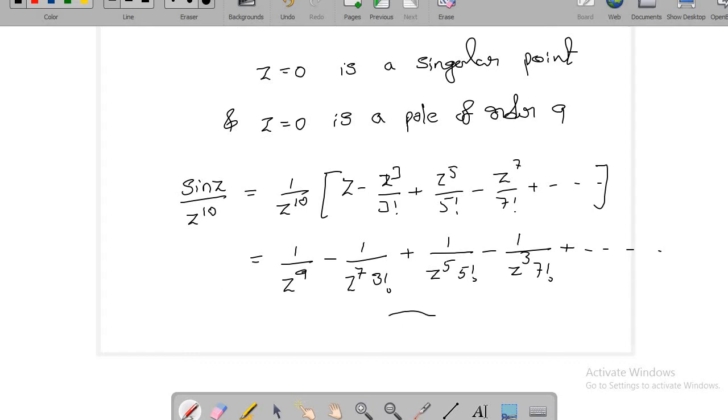So it has the principal part as well as the analytic part somewhere here. In the principal part there are 9 terms if you observe, and the highest power of 1 by z is 9. Therefore it is a pole of order 9.